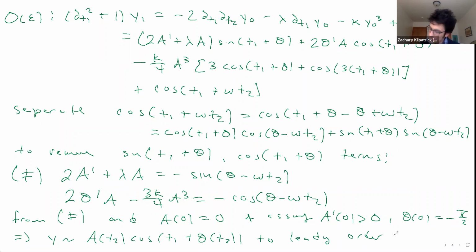Okay, and so we need to solve this initial value problem now for a and theta, okay, to get these amplitude corrections. So to find a and theta, we would need to solve the initial value problem.